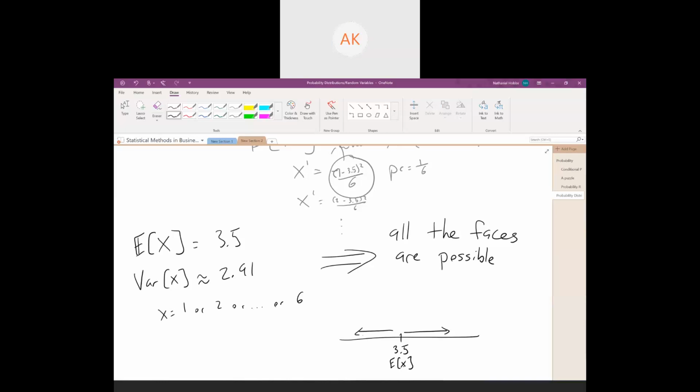The variance is a squared distance. So oftentimes people will care about the standard deviation, and this is equal to the square root of the variance.